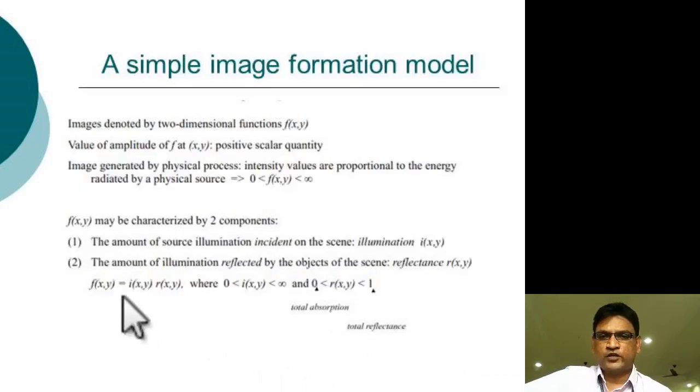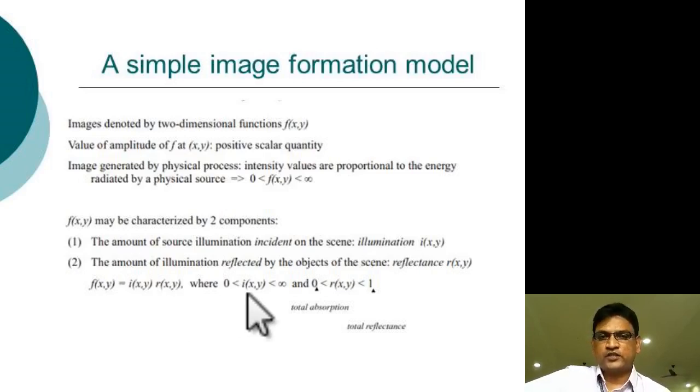The amount of source illumination coming from the source is called the illumination component, represented by I of x,y, and the amount of energy coming from the objects present in the scene being imaged is called the reflectance component, represented by R of x,y. Finally, the function f of x,y is taken as a product of these two components, I of x,y into R of x,y, where I stands for the illumination component and R stands for the reflectance component.